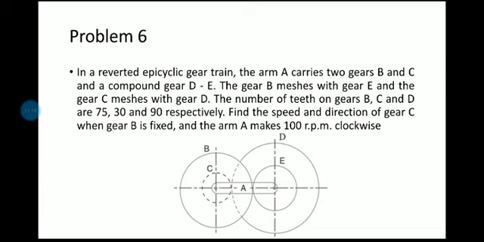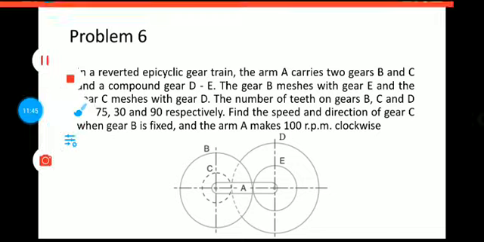So here you see, from this diagram, consider the center to center distance. That center to center distance, if we consider gears C and D, is equal to RC plus RD, right?